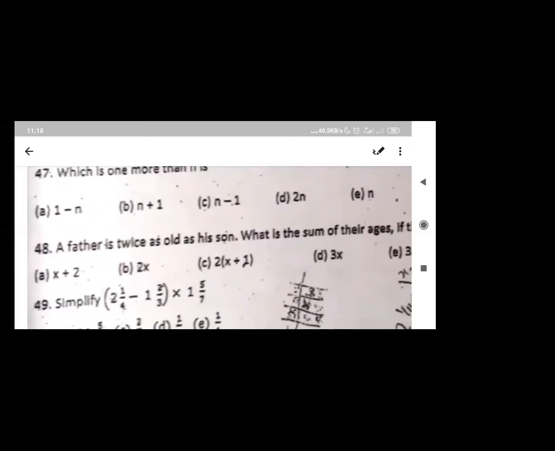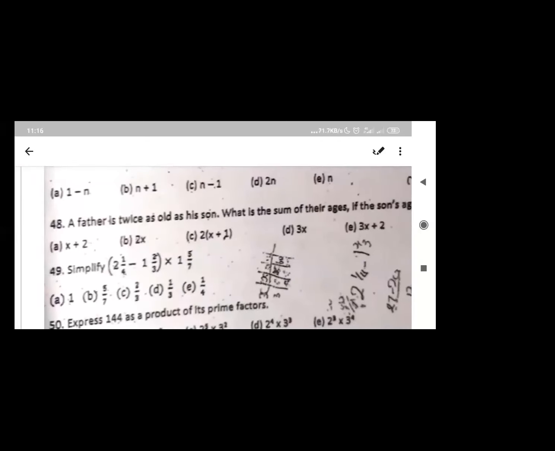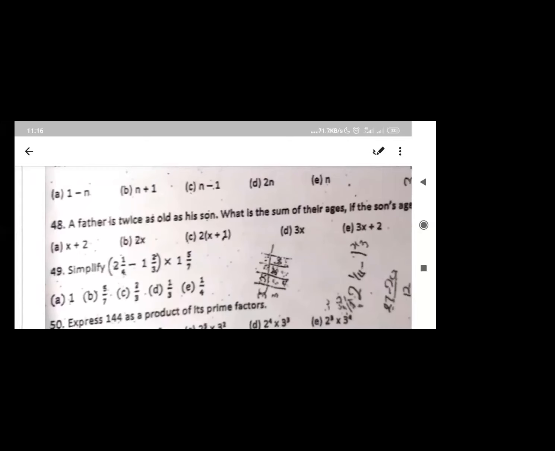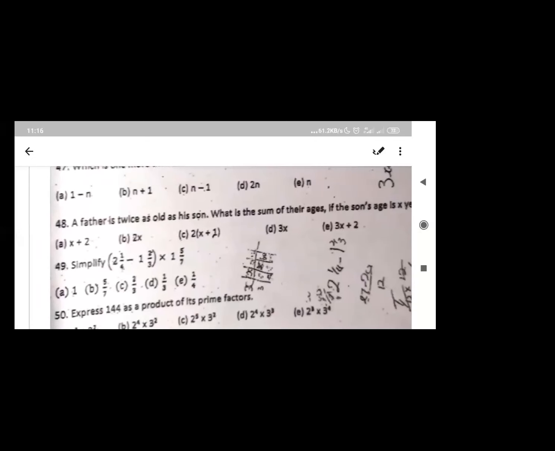What is the sum of their ages? They have given us an assumption for the age of the son. The age of the son is x. They said a father is twice as old as his son. What are all their ages?